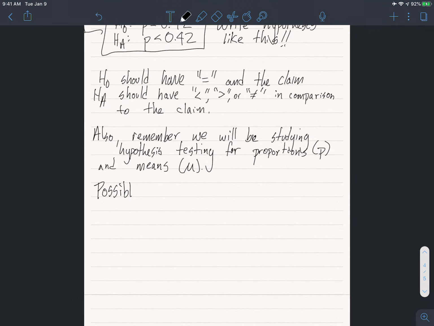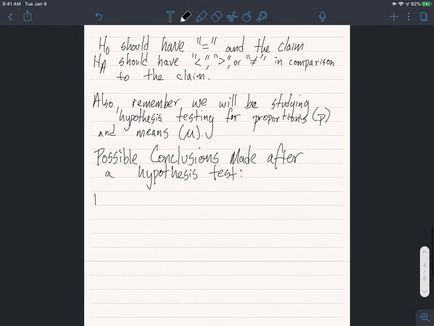So possible conclusions made after a hypothesis test. First possible conclusion, we reject the null hypothesis. Sorry, I lost my place in the book here.